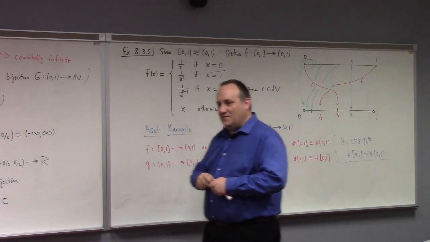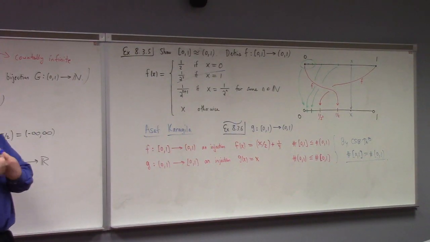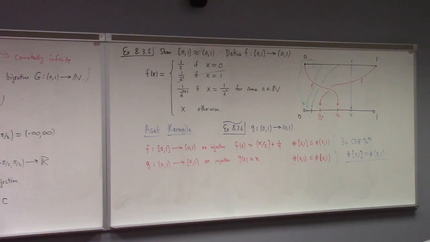Obviously, if you're able to use the CSB theorem, this is way, way easier. How do you think they proved that theorem? I don't know, but I bet it wasn't that easy.